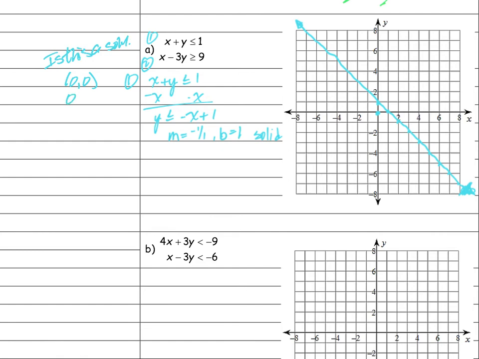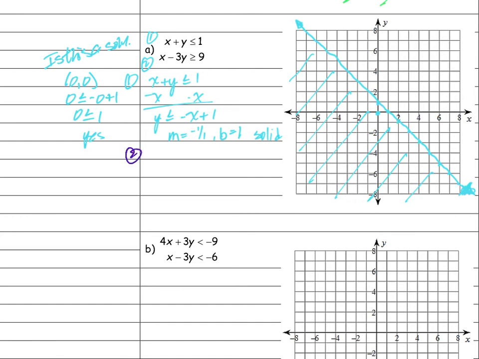I've got 0 is less than or equal to negative 0 plus 1. Is 0 less than or equal to 1? Yes. Okay. And then I'm going to do line 2.